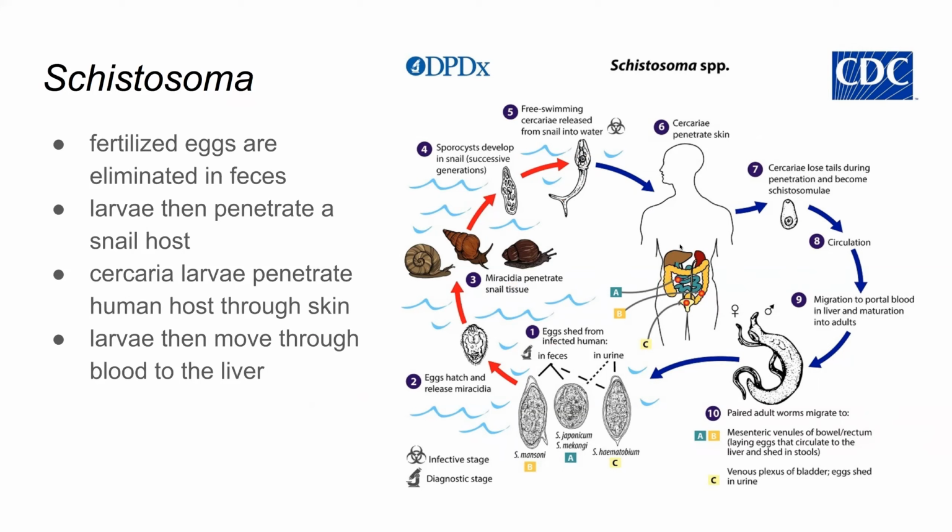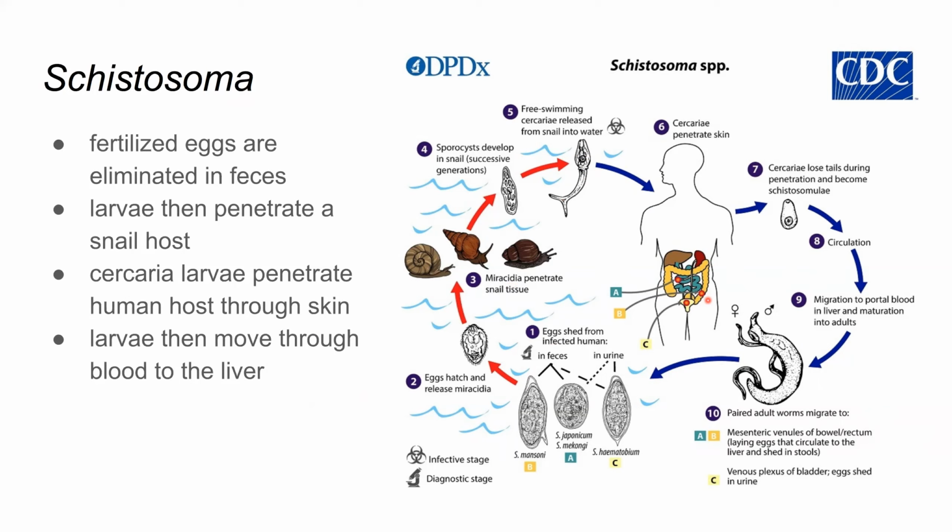So here's a human, and what happens with Schistosoma, depending on the species, is that the adults live in the blood vessels that surround your bladder or your colon, and they produce eggs, and the eggs will go through the blood vessels into the colon and into the bladder, and you release them in either your urine or your feces, and sometimes there's some crossover between species.